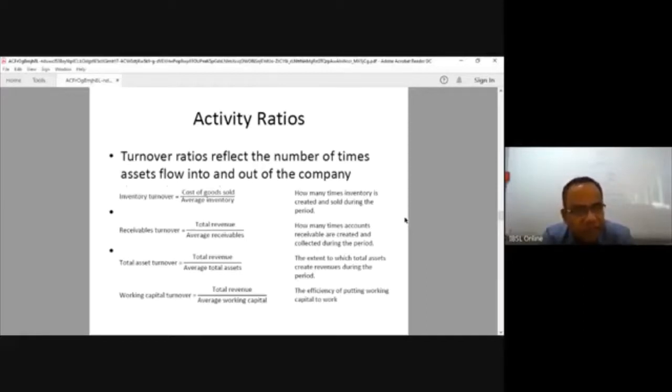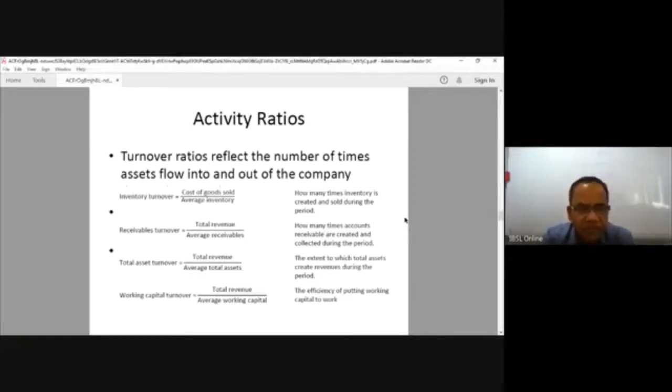Now in the same way you will say the customer has paid every 2 months or so. So that's the credit period given to the customer. Total asset turnover is the other turnover ratio.